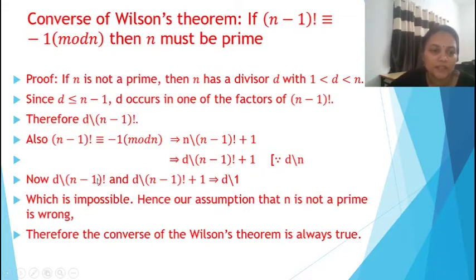Now d divides (n minus 1) factorial and d divides (n minus 1) factorial plus 1, which implies d divides 1. That is impossible. Hence our assumption that n is not a prime is wrong. Therefore, the converse of Wilson's theorem is always true.